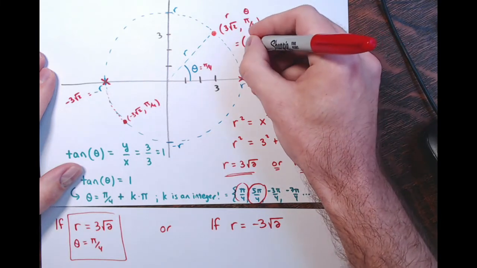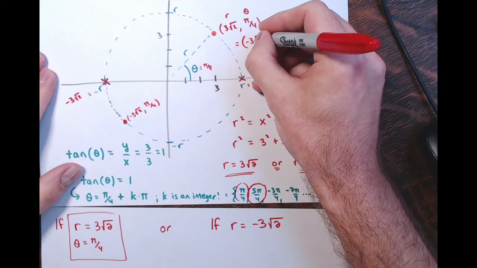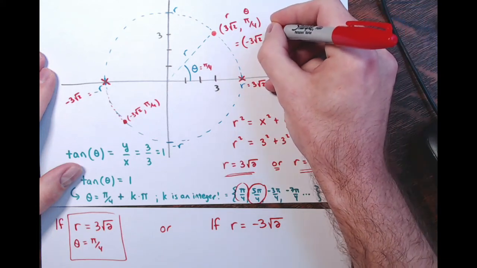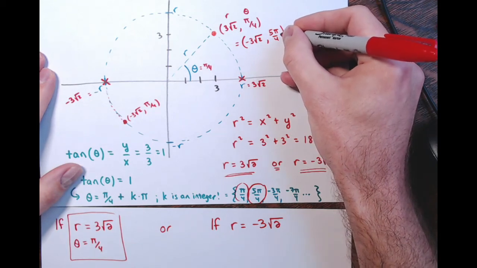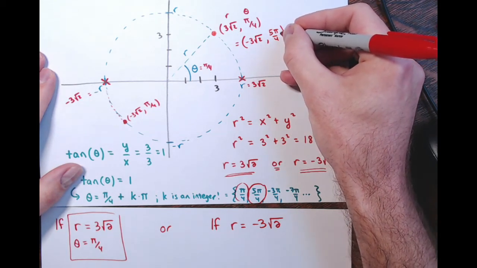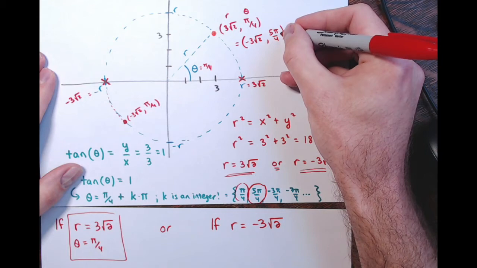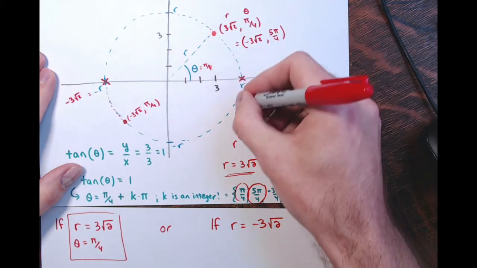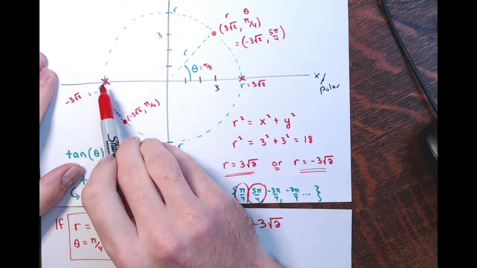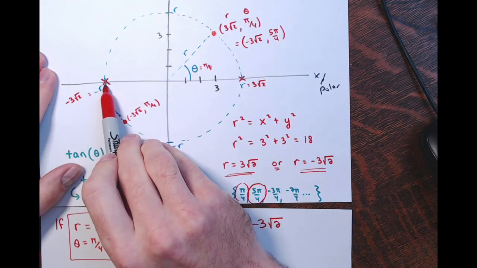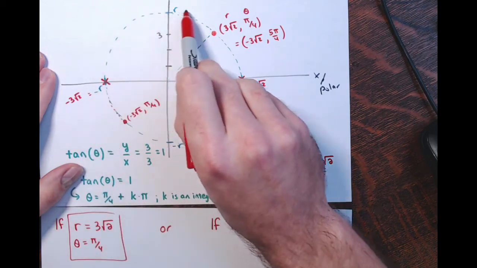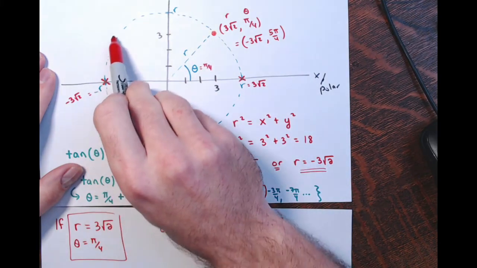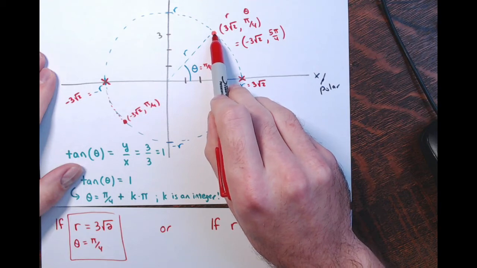So I could also call this point negative 3 root 2, comma, 5 pi over 4. And from this theta, I could add or subtract any multiple of 2 pi. If I subtract 2 pi, that'd be negative 3 pi over 4. And take a look at this. If I start at negative 3 root 2 here on the polar axis and go clockwise, so negative 3 pi over 4, I would land at this point.